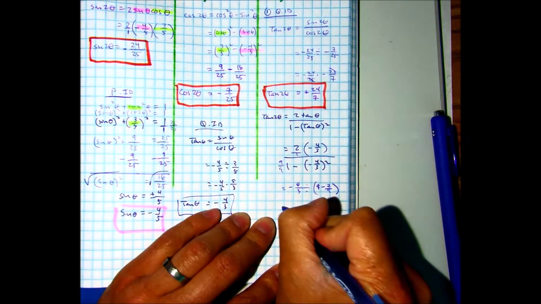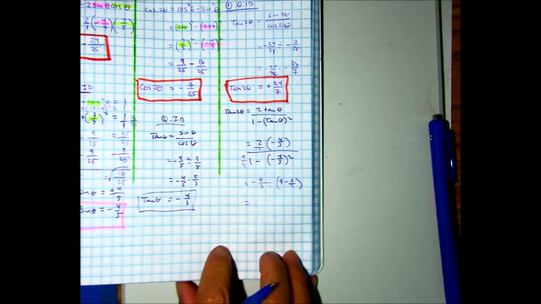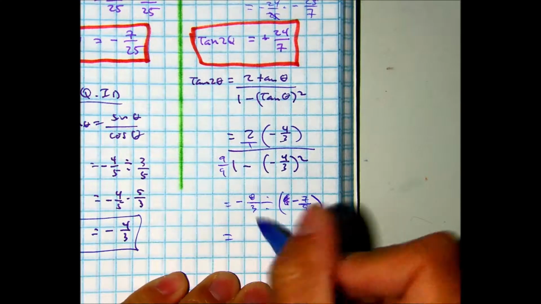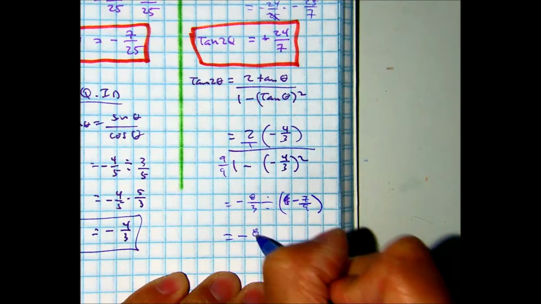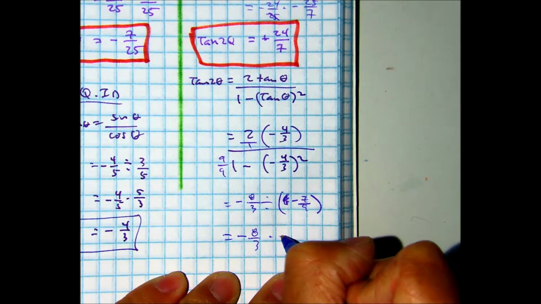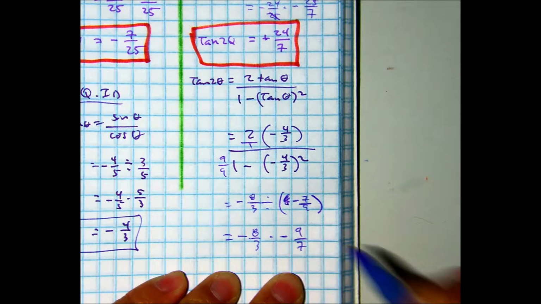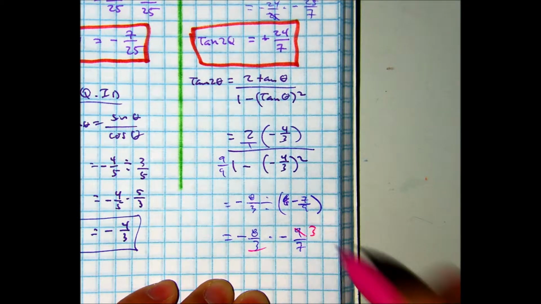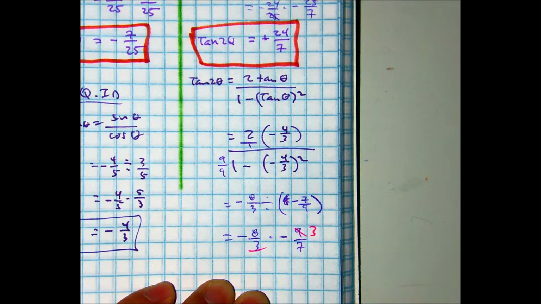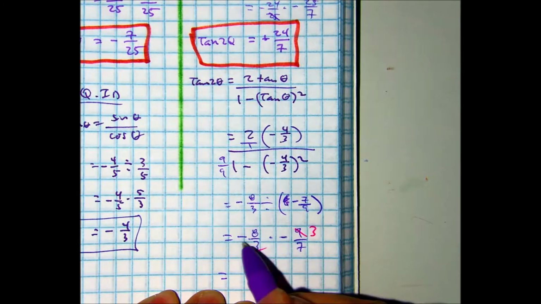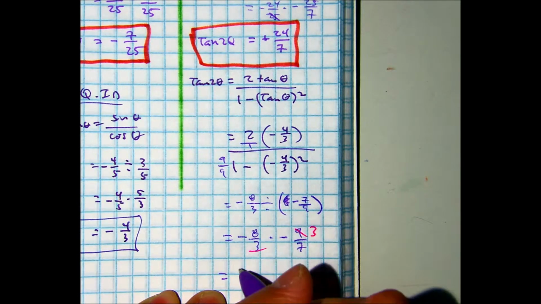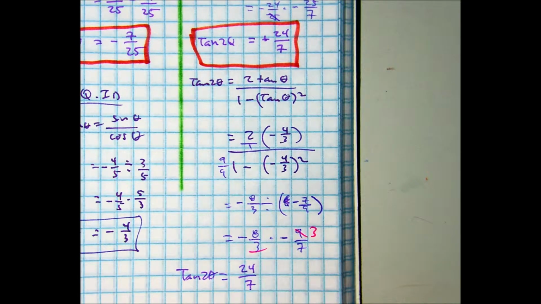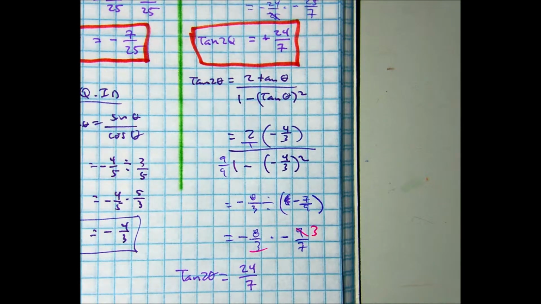So negative 8/3 times negative 9 over 7. And then I can reduce those. Negative times negative is a positive, so 8 times 3, I get 24 over 7. So tangent of 2 times the angle equals that.